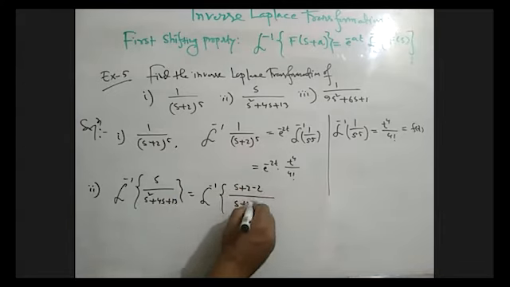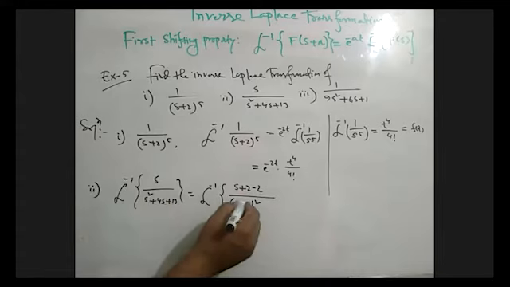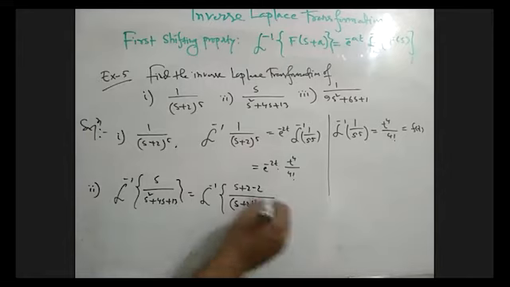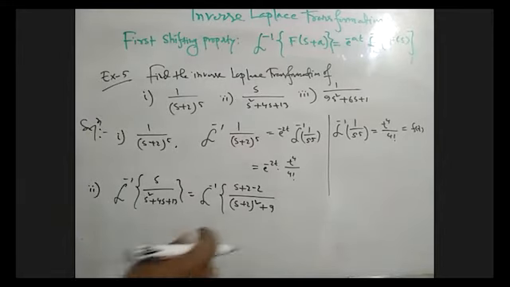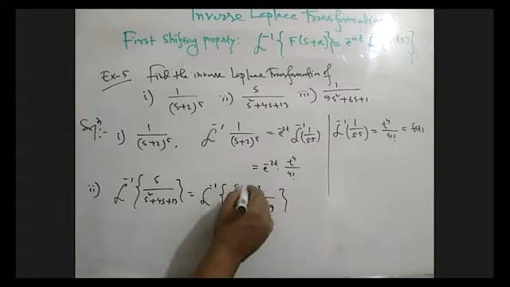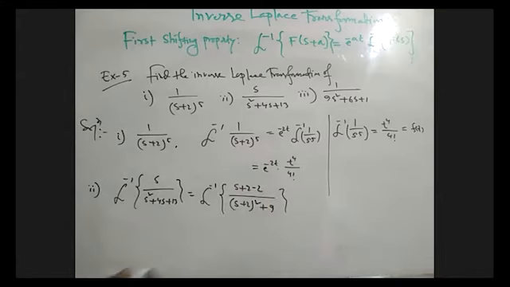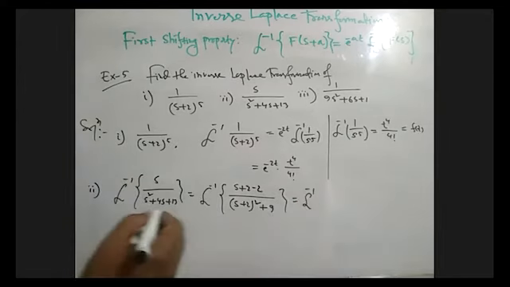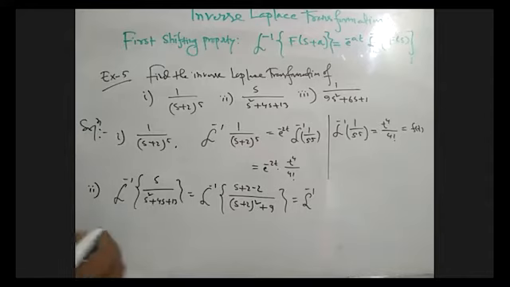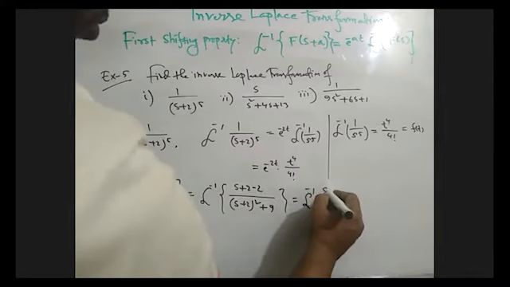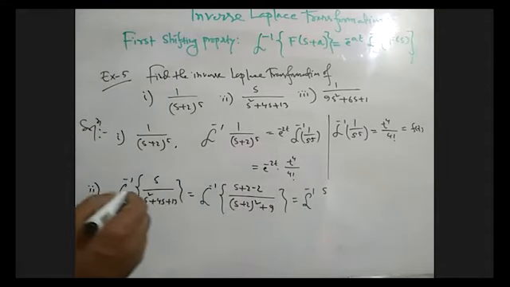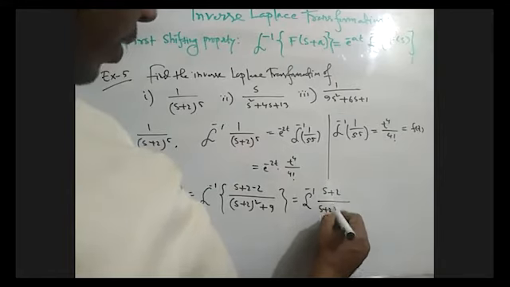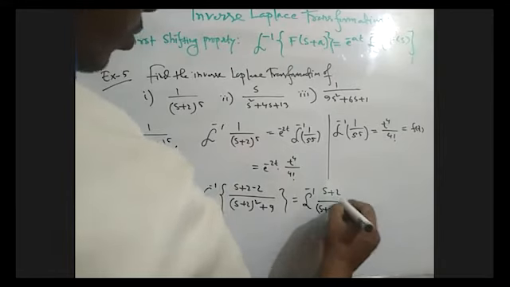We can write the denominator as s plus 2 whole square; twice ab plus b square, 4 plus 9 equals 13. So to make the partial fraction, we can write this one in this way: the inverse Laplace transformation can be written as s plus 2 divided by s plus 2 whole square plus 3 whole square.